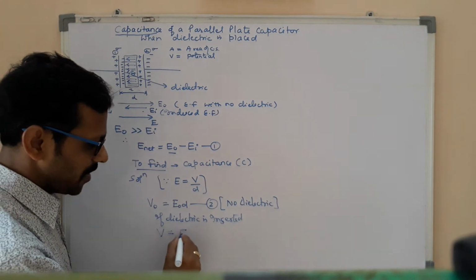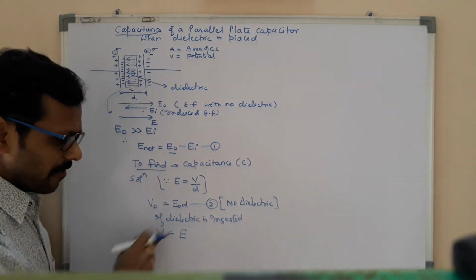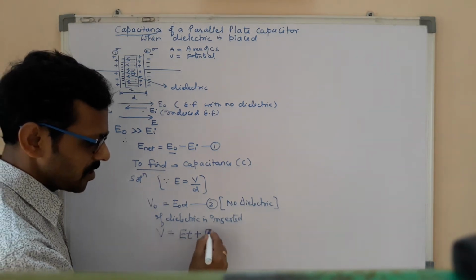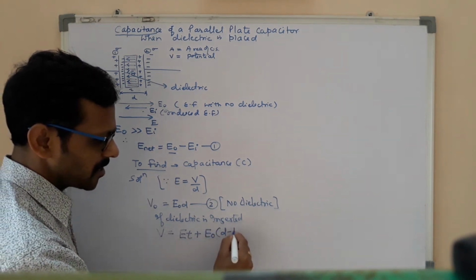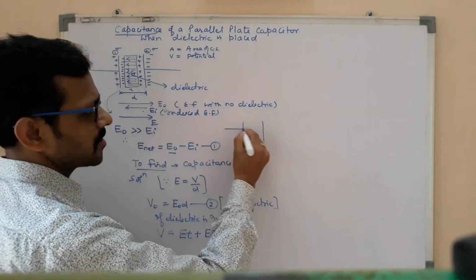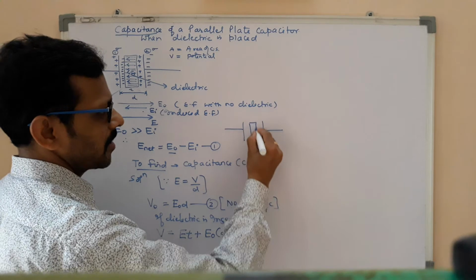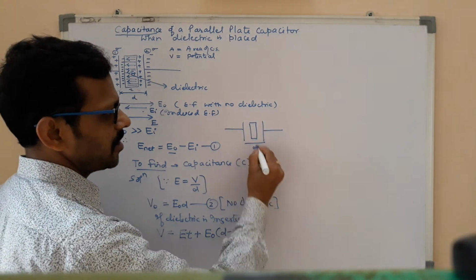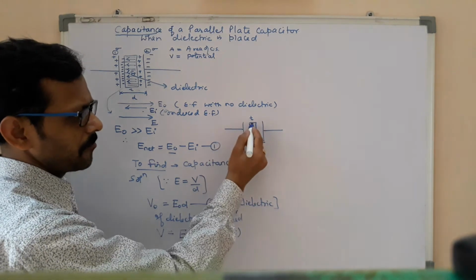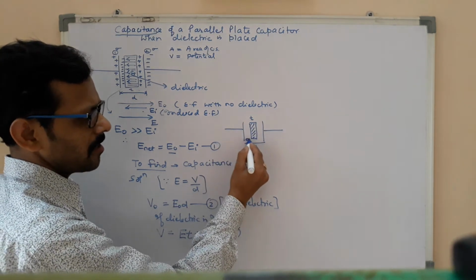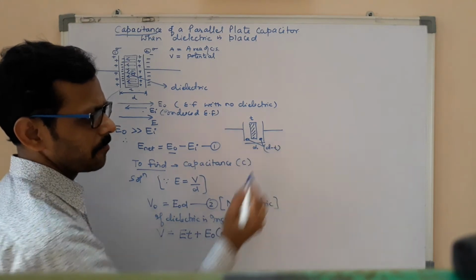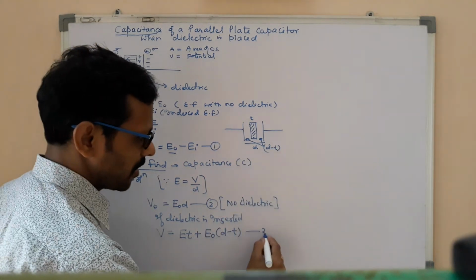So the potential when the dielectric is inserted is equal to E into T plus E naught into D minus T. So what is this D minus T? If this is the dielectric, this is D and this is T. If you remove this T part, the part which is left is D minus T. So this is equation number 3.